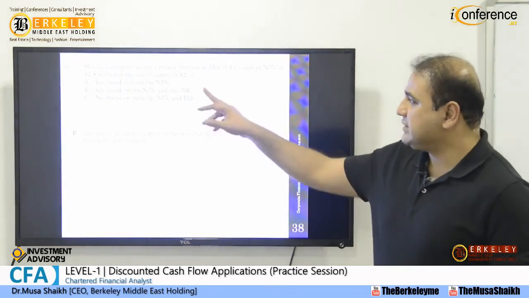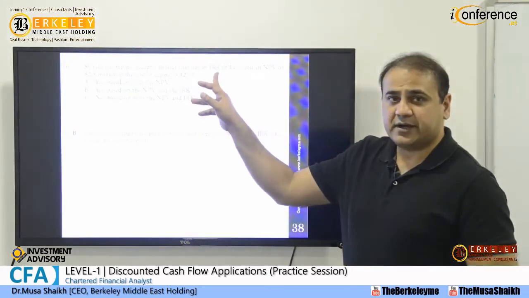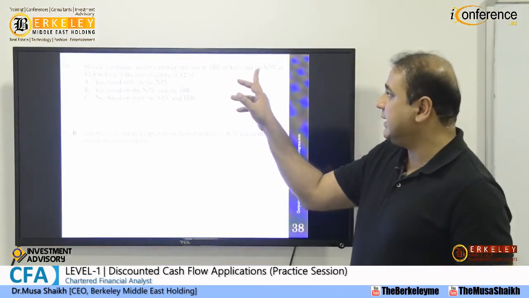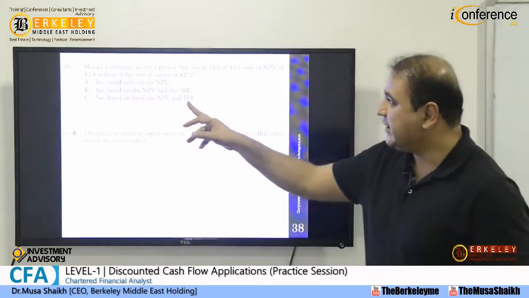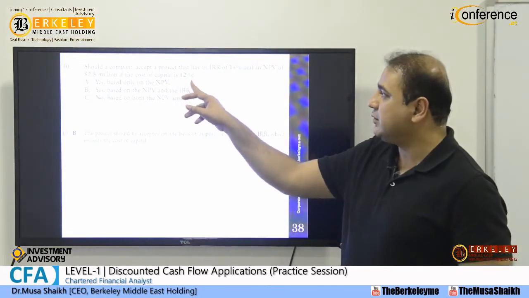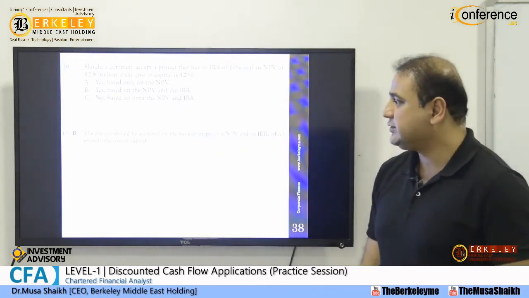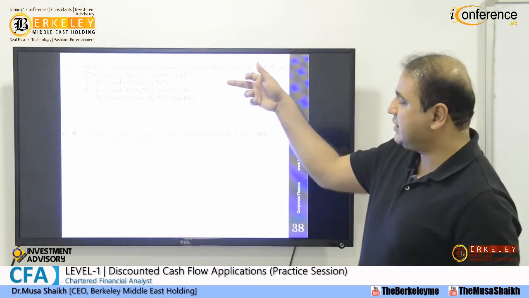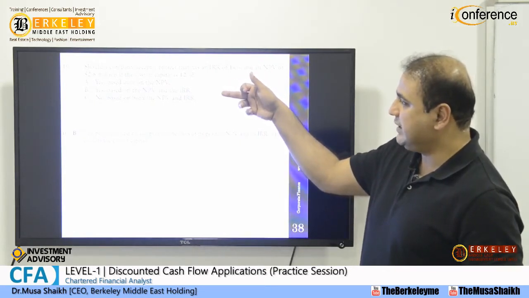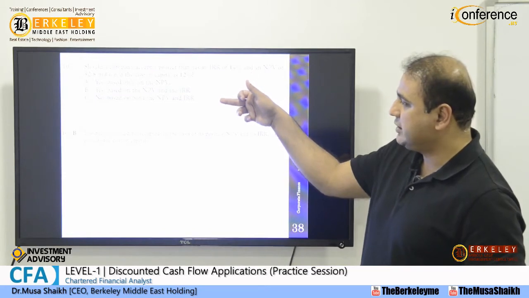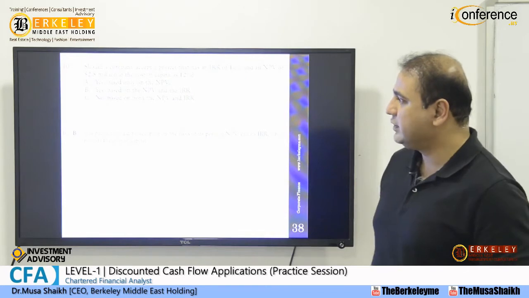Should a company accept a project that has an IRR of 14% and an NPV of 2.8 million if the cost of capital is 12%? So what should we do? If you see, the options are: yes based only on NPV, yes based on NPV and IRR, and no based on both.